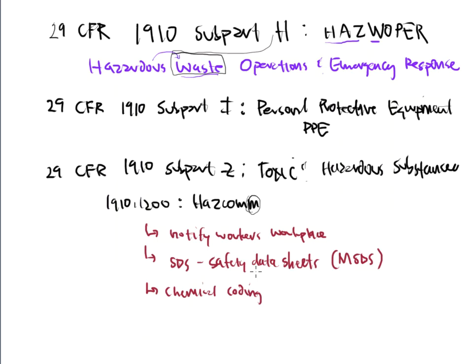Okay, HAZCOM is 1910.1200. Notify workers that they're working with something bad. Make sure that the safety data sheets are available to them and let them know where to find them, right? It's not going to do anybody any good if you don't know where they're going to be located. And then chemical coding. Where do chemicals get stored and why do they get stored in the areas that they do?